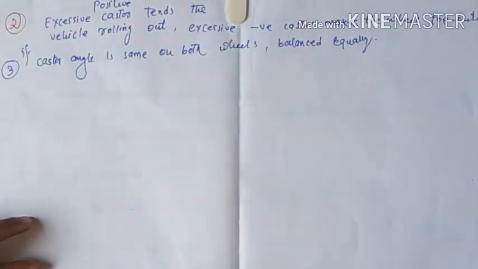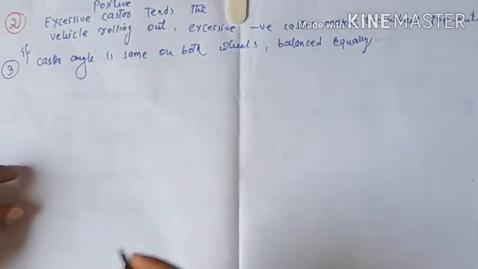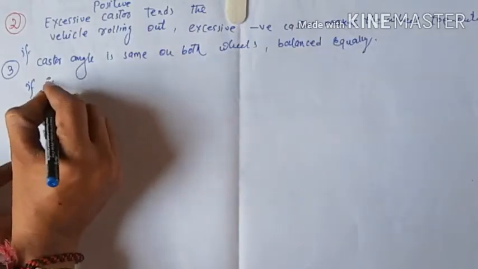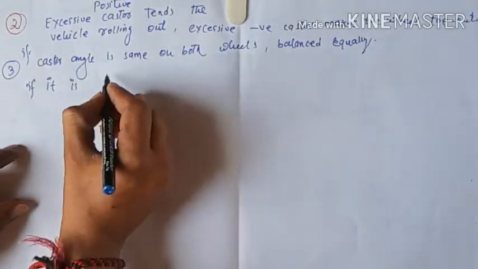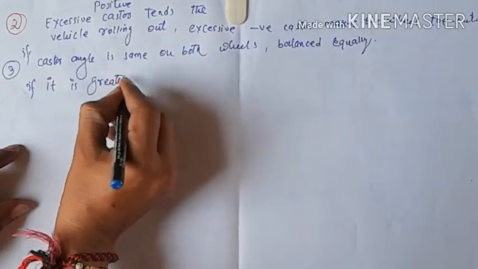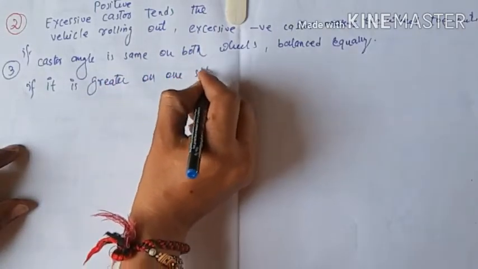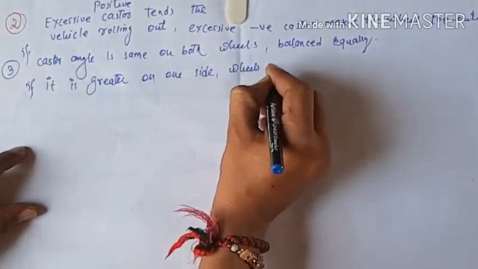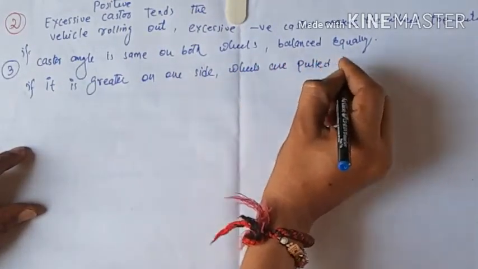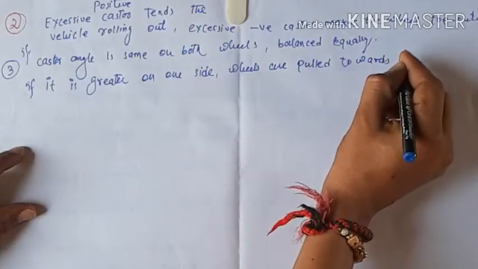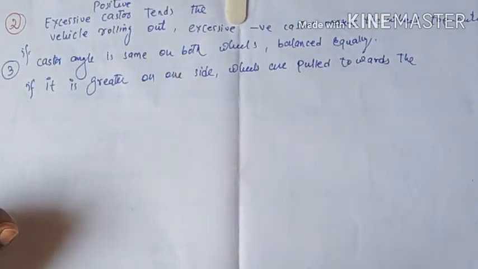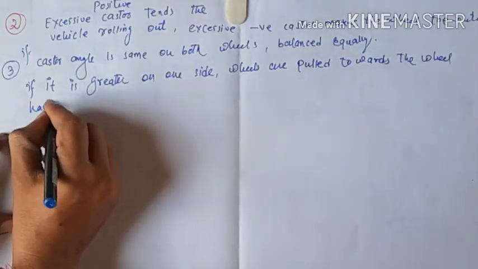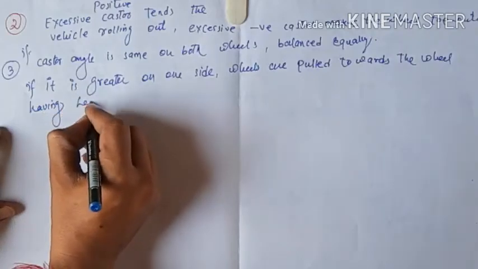If it is greater on one side, wheels are pulled toward the wheel having the lesser caster angle.